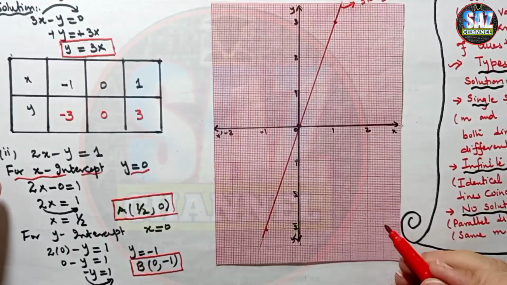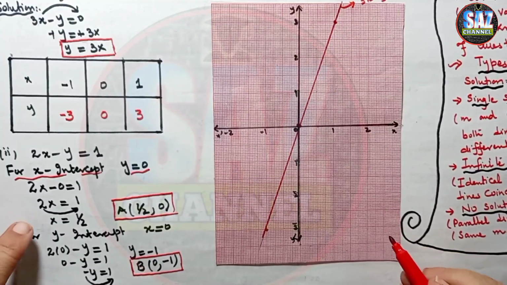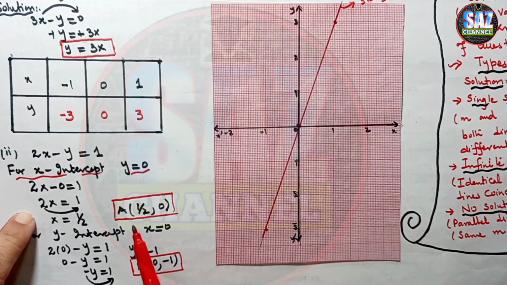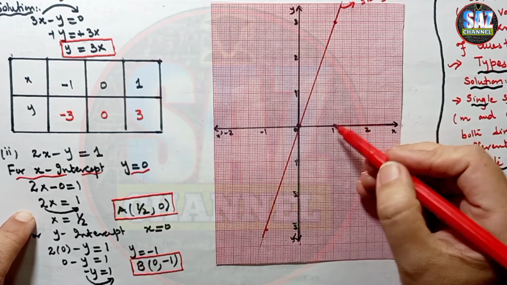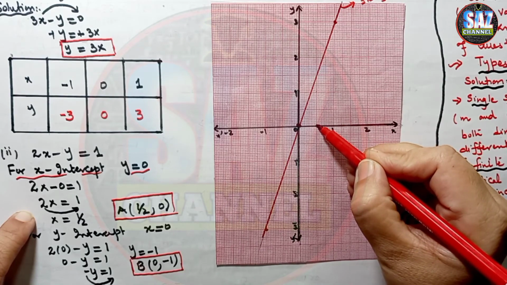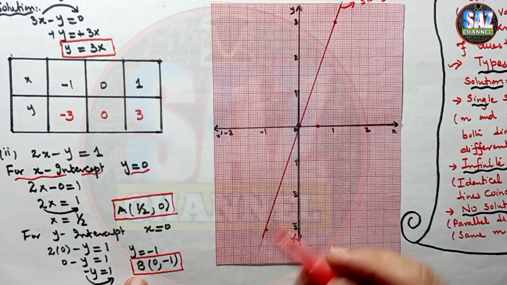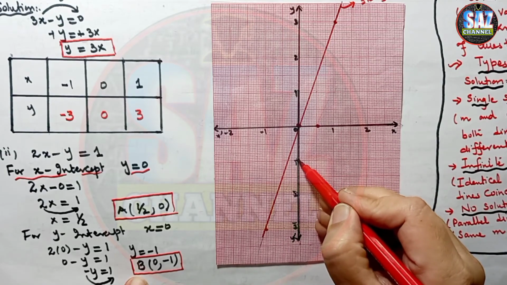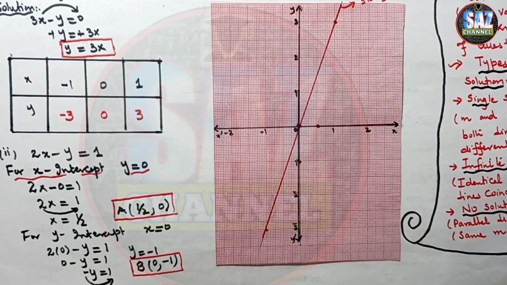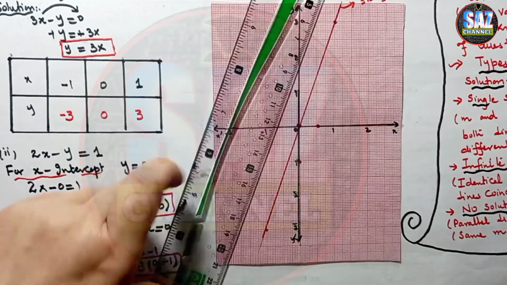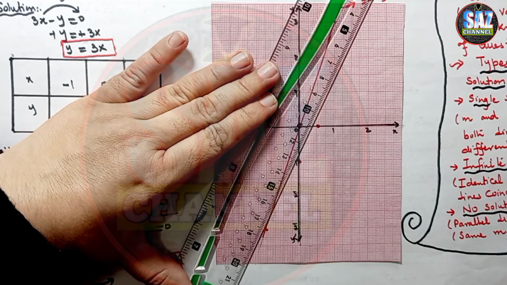Coming to the second line, for which I'll be marking the intercepts. My first point is x 1 by 2 and y 0, which will be coming at this place, and the second point is 0 with minus 1. So my second point will be coming at this place, and then I have to join these 2 points with the help of a ruler.